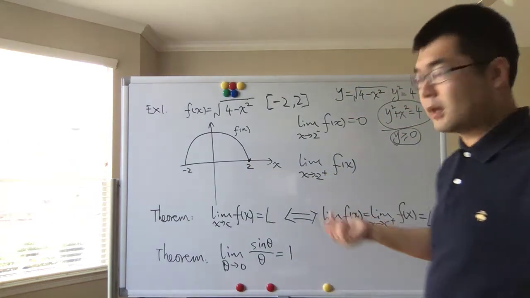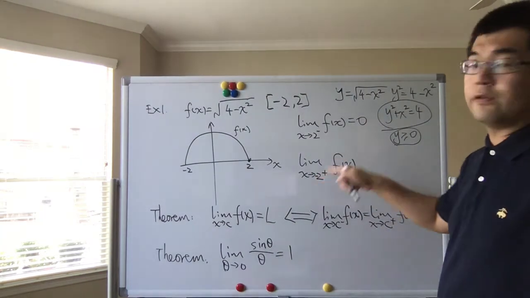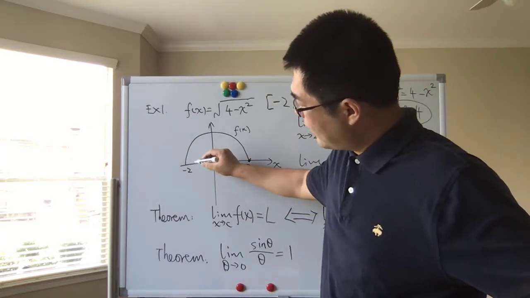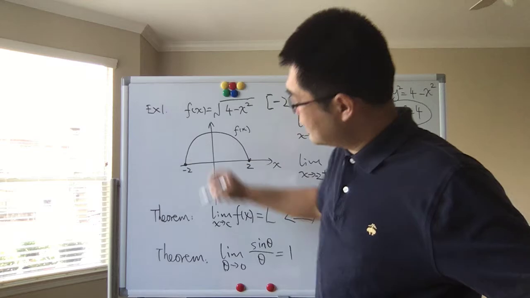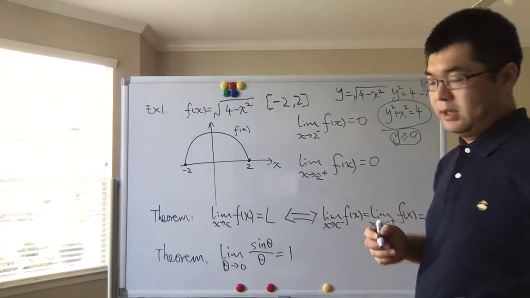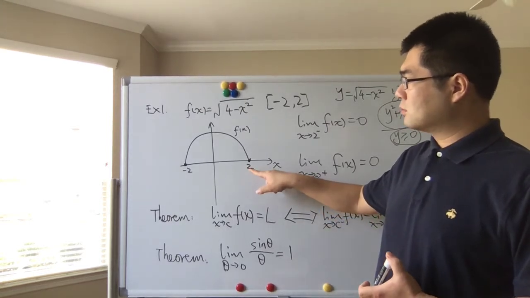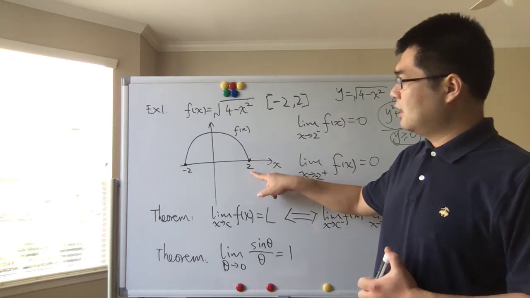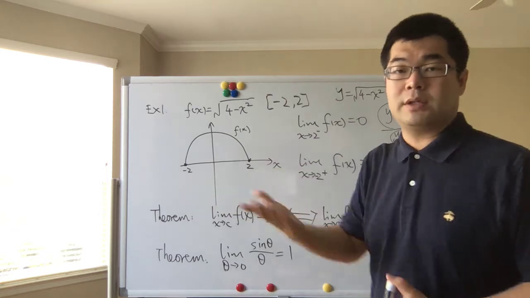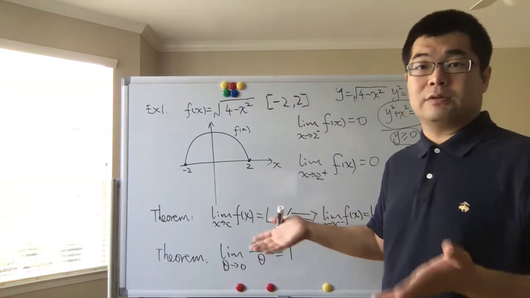Similarly, the limit as x approaches negative 2 from the right, approaching from this way, the right side limit at negative 2 also equals 0. Of course, there is no right side limit for 2, and no left side limit for negative 2, because the function is not even defined outside of negative 2 to 2.